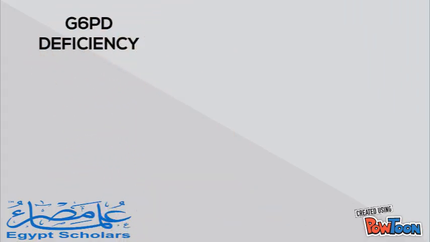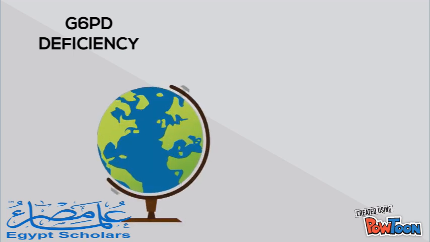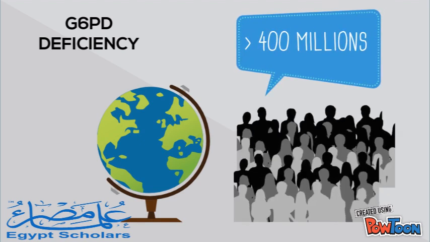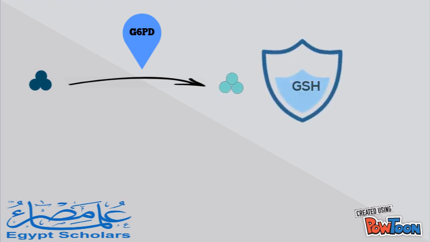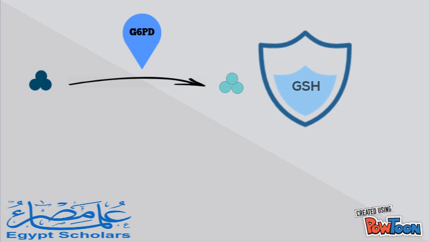G6PD deficiency is the most common enzymopathy affecting humans. It is suggested that it affects over 400 million people. In this disease, there is a deficiency of an enzyme called glucose 6-phosphate dehydrogenase, or G6PD, which is needed for the production of an antioxidant called reduced glutathione.